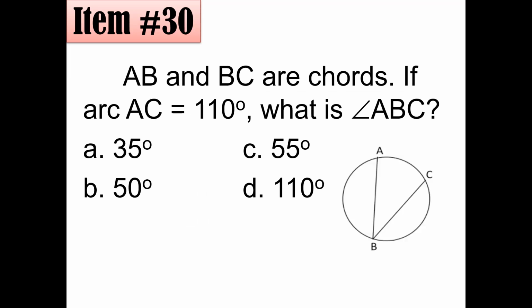30. AB and BC are chords in that figure. If arc AC is 110 degrees, what is angle ABC? Did you go for 35 degrees, 50 degrees, 55 degrees, or 110 degrees?